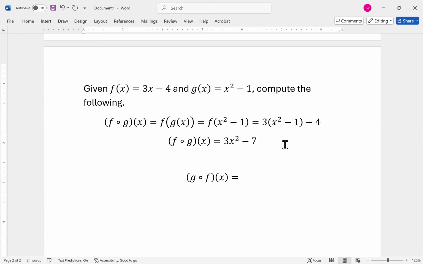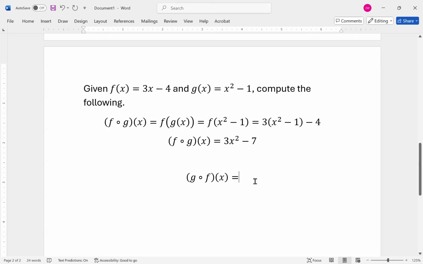So the composition of f with g becomes 3x squared minus 7. Notice that function composition also gives you a new function. Just like function addition gave us a new function, subtraction gave us a new function, multiplication gave us a new function, composition is also giving us a new function.